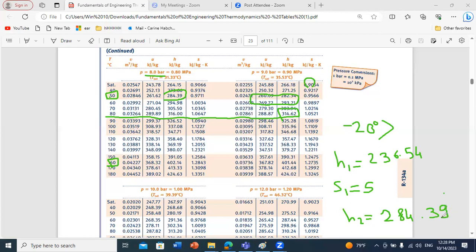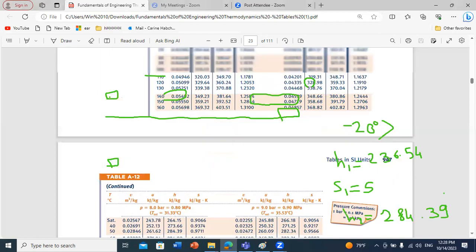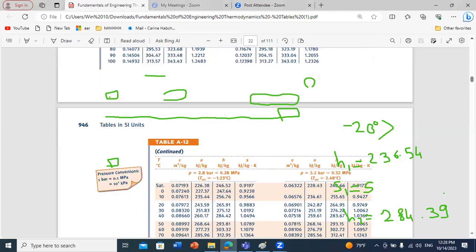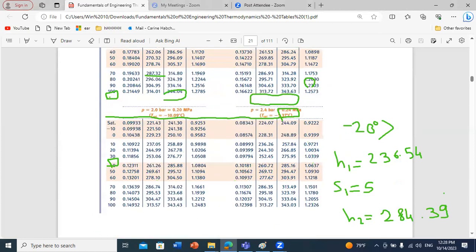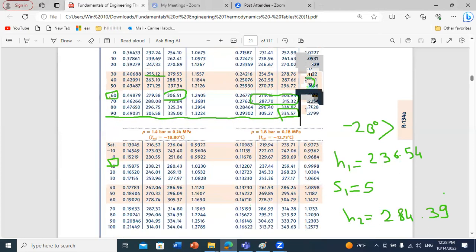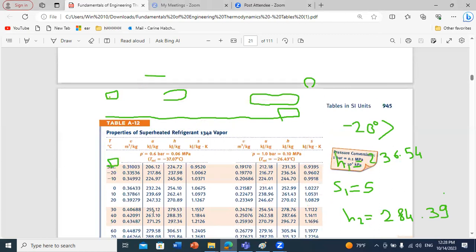But in case they didn't mention the temperature at the outlet, so you don't have any information, then you can model the process as isentropic, and then you go back to your table and take the value of S, because S1 should be equal to S2. If I go to 1 bar, for the temperature of minus 20 degrees, I have that S is equal to 0.9602, and it should be equal to S1.